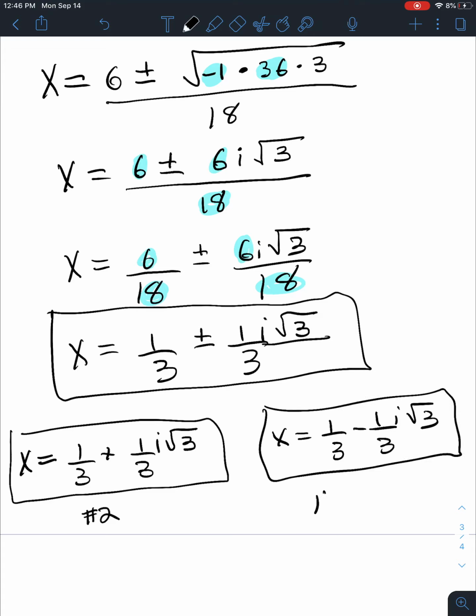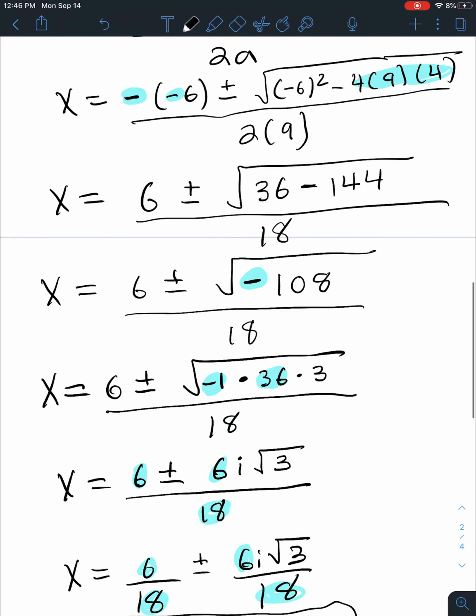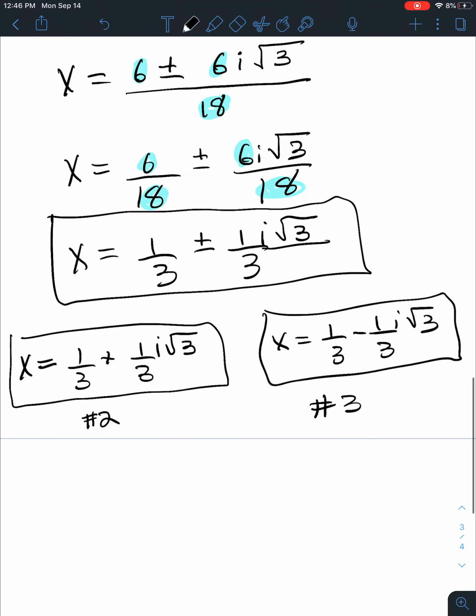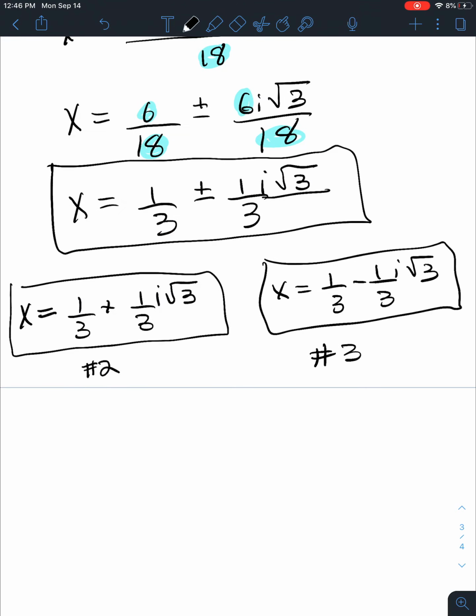Box that. That's answer number 3. If you're asking me why am I doing answer number 2, answer number 3, because don't forget about answer number 1. So the roots for this question are -2/3, 1/3 plus 1/3 i square root of 3, and 1/3 minus 1/3 i square root of 3.